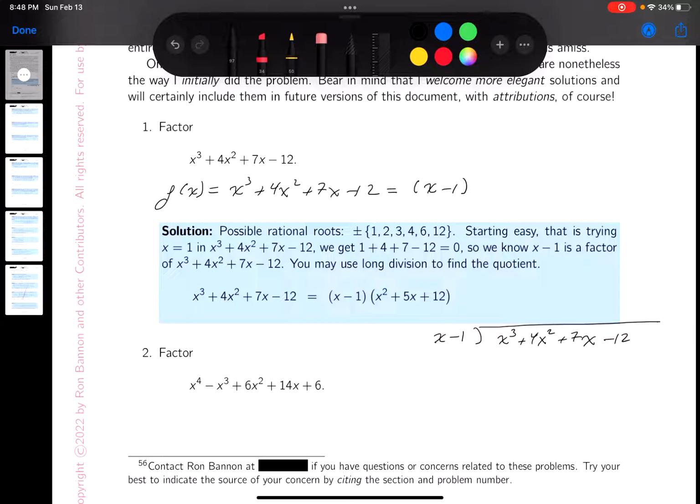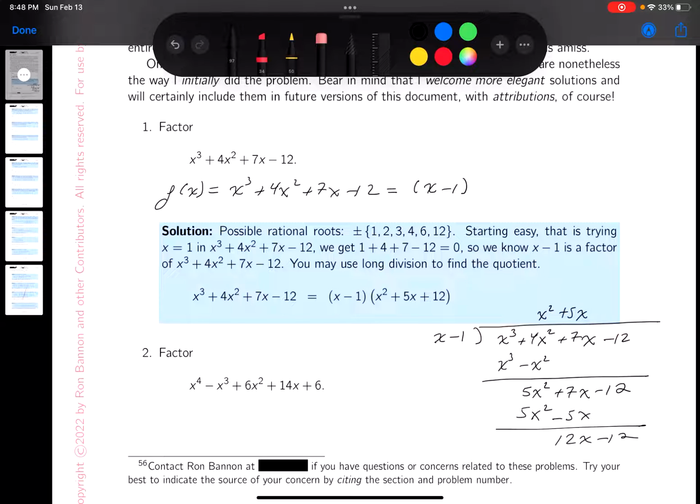Long division. What do you get? Let's see. You get x squared. You would get x cubed minus x squared. You subtract. That gives you 5x squared plus 7x minus 12. This will go very smoothly, by the way. Plus 5x, which gives me 5x squared minus 5x, subtract, you get 12x minus 12.